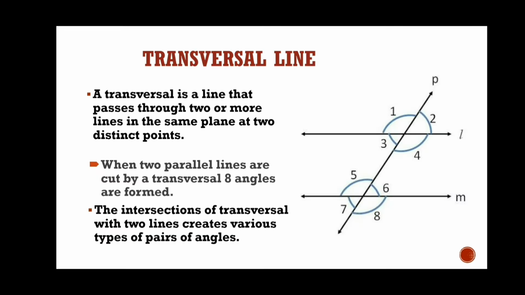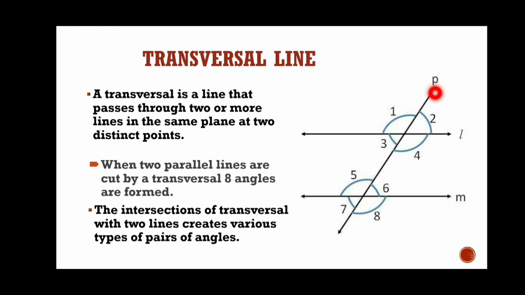Now next we have the transversal line. A transversal line is a line that passes through two or more lines in the same plane at two distinct points. Now in this figure you can see that there are two lines L and M, and line P is passing through both the lines, and this line P is intersecting lines L and M. So we can say that P is a line that passes through two or more lines in the same plane and intersects at two distinct points.